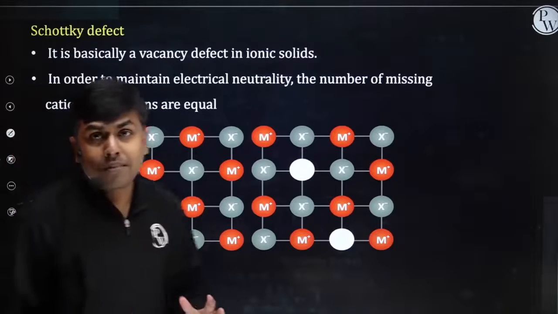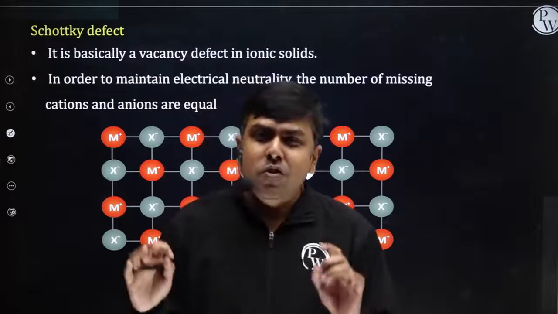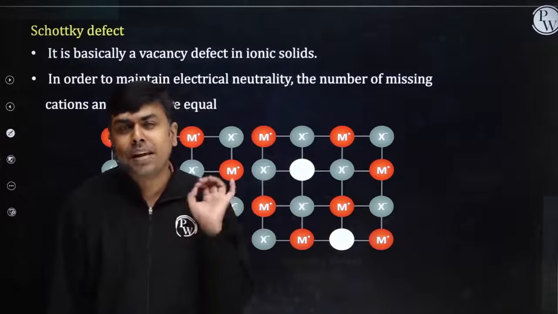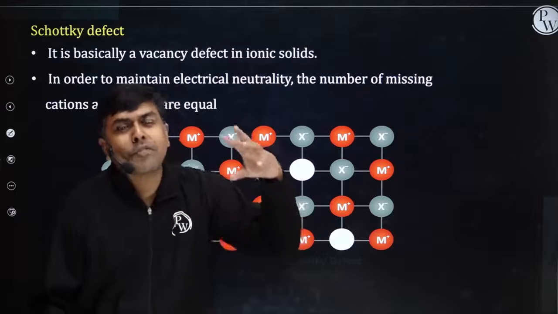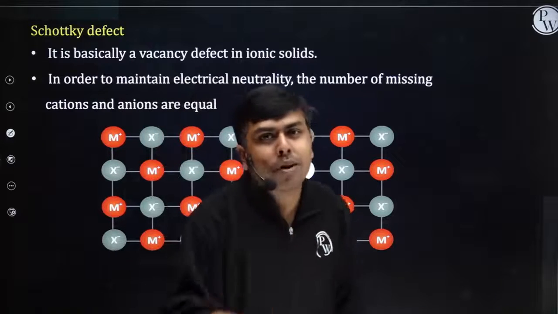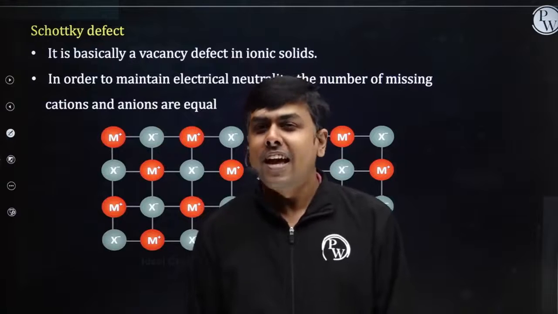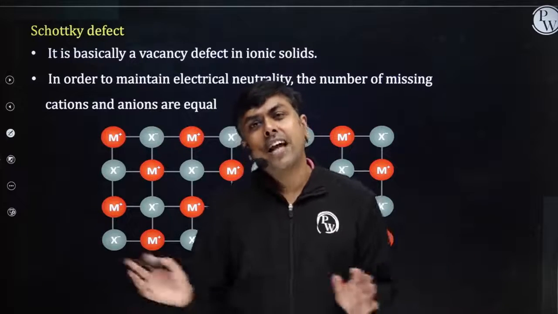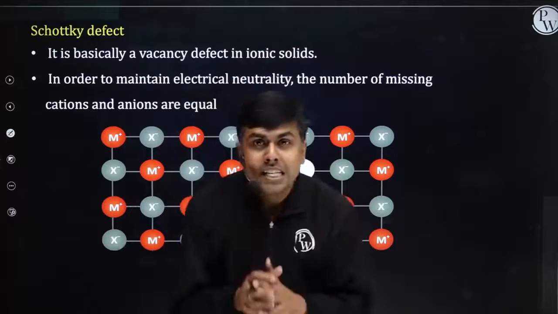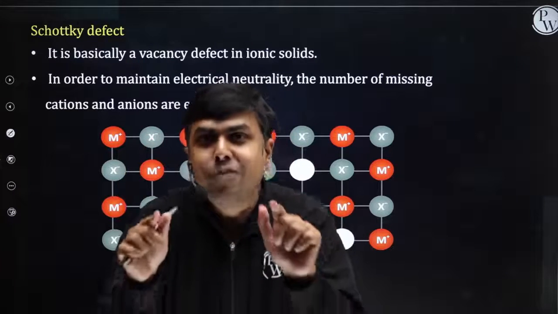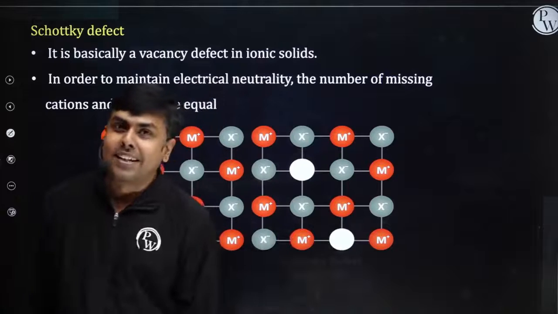The next type of defect that we have to study is Schottky defect. What happens here? Students, here an equal number of cations and an equal number of anions are missing from the lattice site. If equal numbers of cations and anions are missing from the lattice site, the electrical neutrality will still be maintained. Still the empirical formula will be maintained. Am I clear?